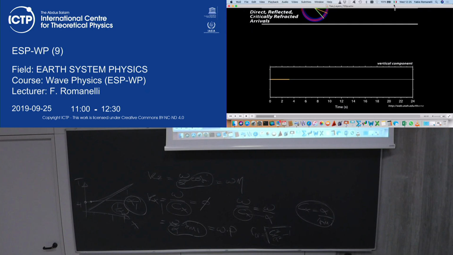You have to imagine to be, here there is one receiver, for example. The direct is going there. It's going with a velocity that is exactly the velocity of the layer. Then we have other parts of the wavefront that are traveling in different directions. This will become the reflected, this will become the critically refracted.